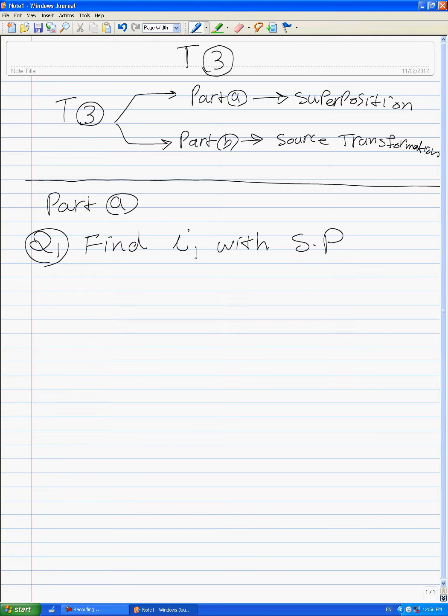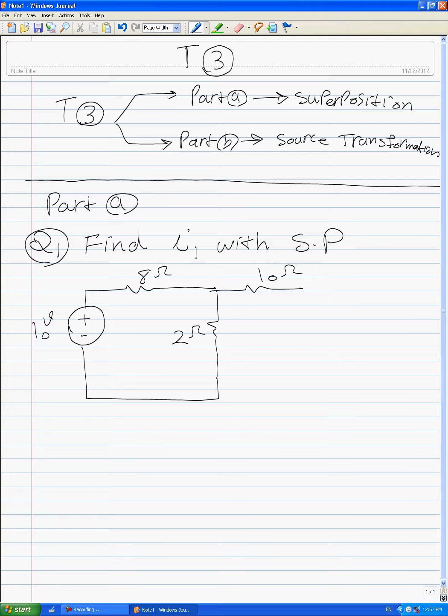For this circuit, we have 10 volts here, 8 ohms here, and 2 ohms here, 10 ohms here, and 2 amps here. The I1 is the current here.